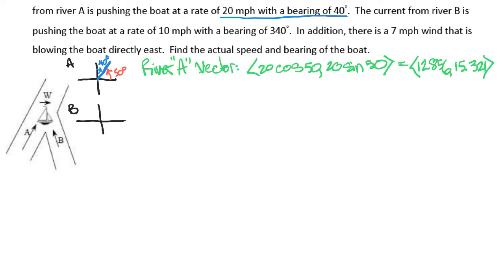I'm going to grab a different color and do river B. So first of all, river B has a 10 mile an hour with a bearing of 340. So 340 from my positive Y all the way around.